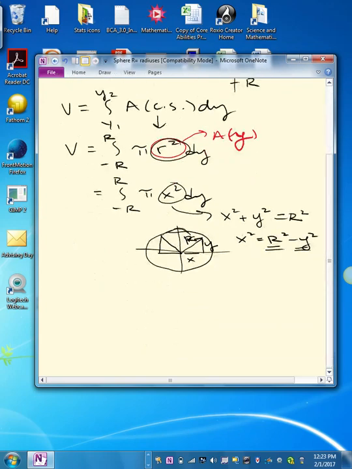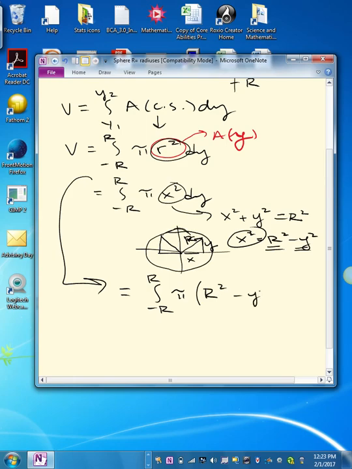Okay, so now going back to my template, my volume is negative R to R pi x squared, and I do have x squared. I didn't take a square root yet. Good. So R squared minus y squared dy. I have some really nice symmetry, and that symmetry starts at 0.